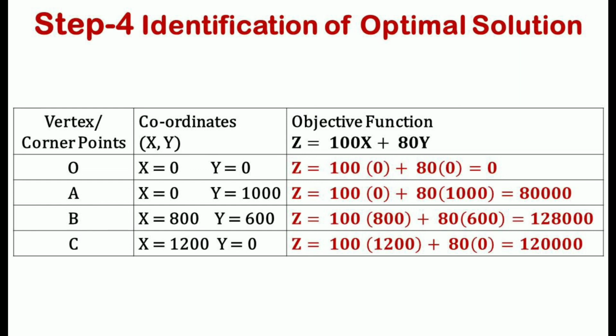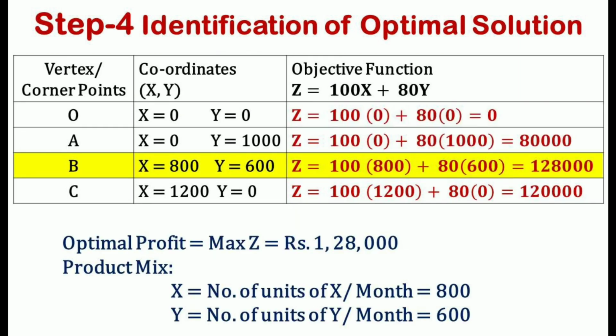Substituting these values, z is equal to 100 into 1200 plus 80 into 0, which will give 1,20,000. Out of these calculated values, the highest value or profit is 1,28,000. This is considered the optimal or maximum profit.